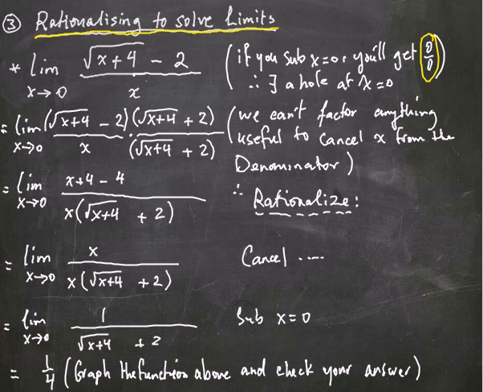So this is where we depend on knowledge we obtained in grade 10 when we tried to factor expressions like a squared minus b squared. The answer to that is a minus b into a plus b. So we look here, we see that the root x plus 4 is my a, minus b, that's the 2.